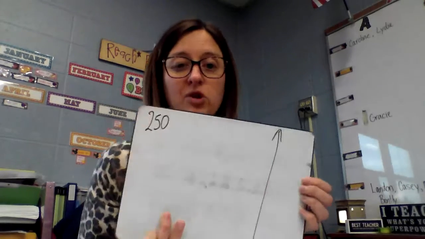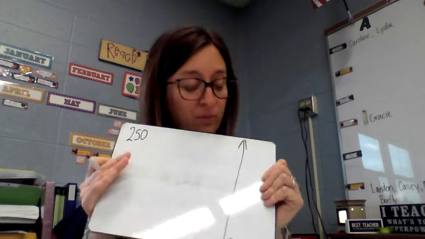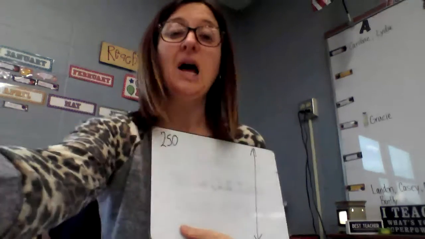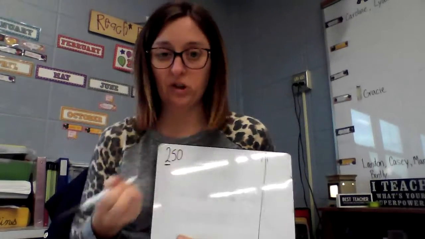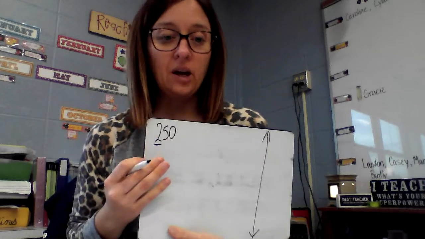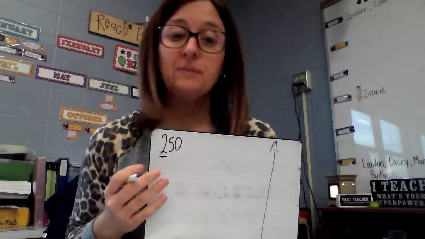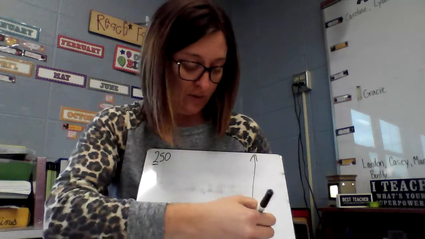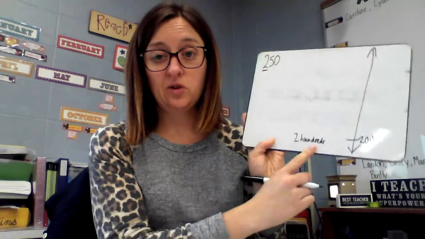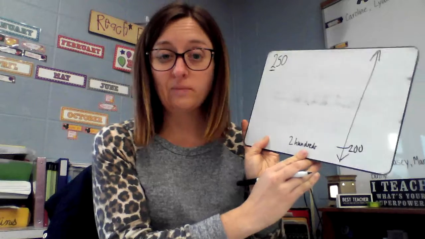Okay, let's try the number 250. In the number 250, we're rounding to the nearest hundred. So let's underline the digit in the hundreds place. There are how many hundreds in 250? 200. So I'm going to label that on my bottom line. What is 1 more hundred than 200s? 1 more than 2 is 300s.